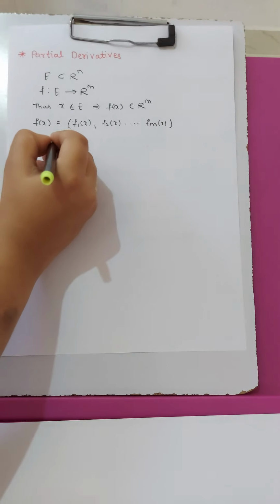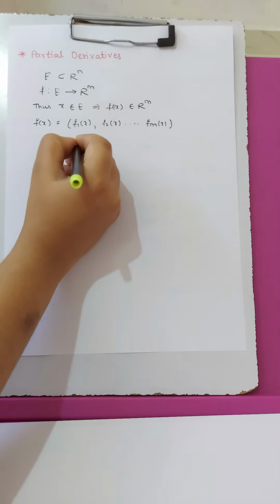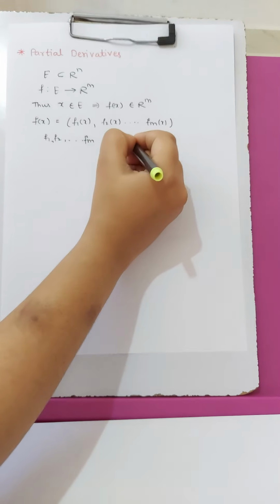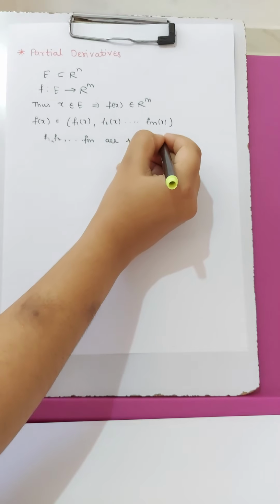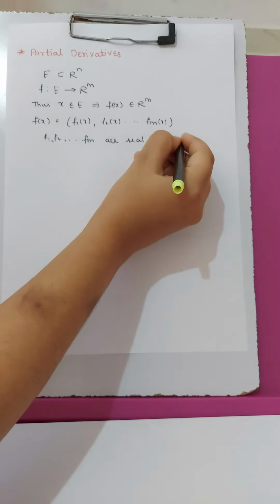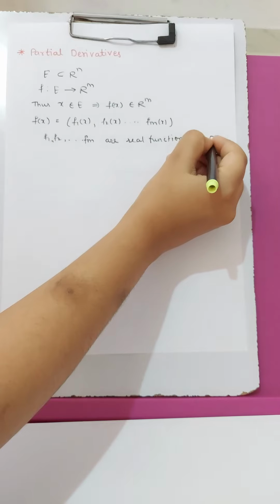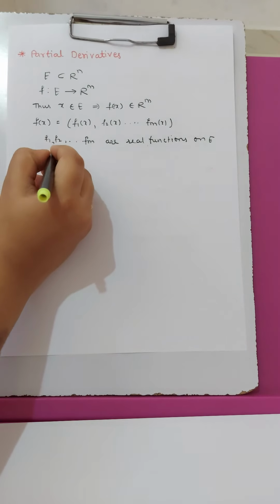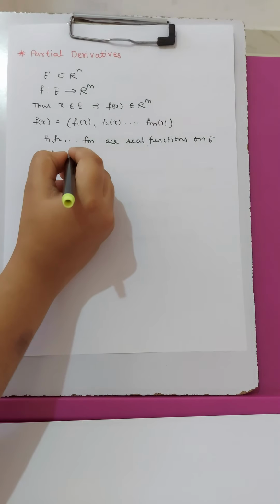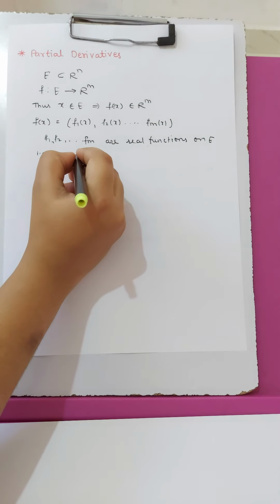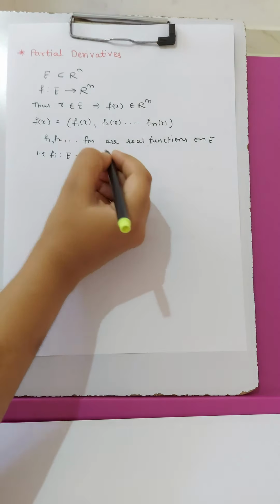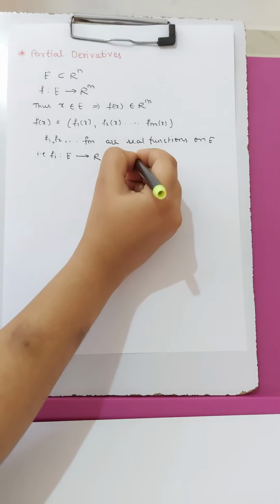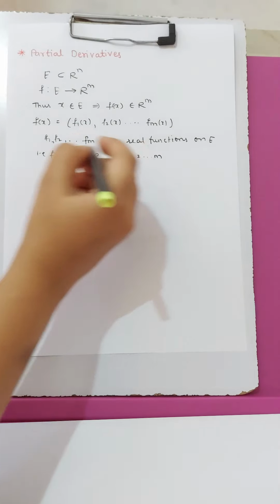And here these f1, f2, up to fm are real functions on this open set E, that is, each fi is a mapping from this open subset E to R, where i ranges from 1 up to m.